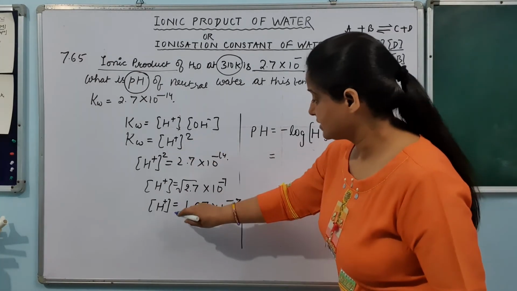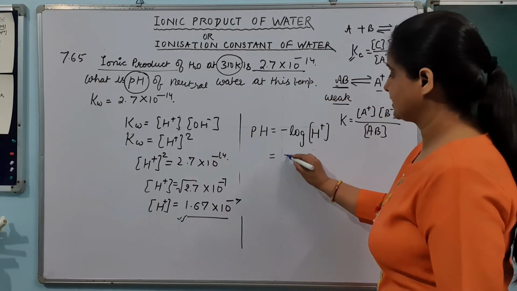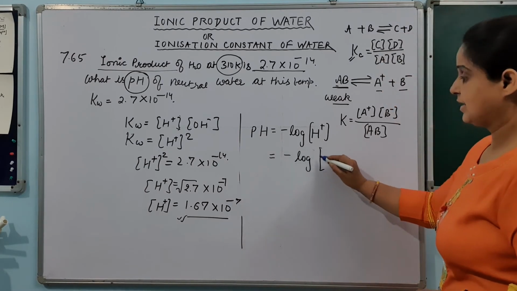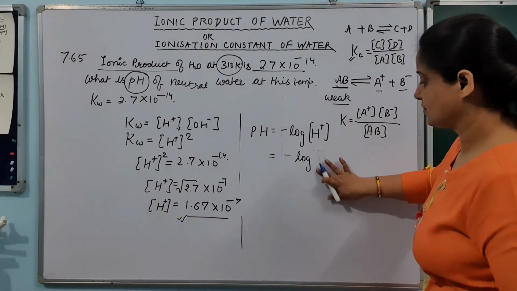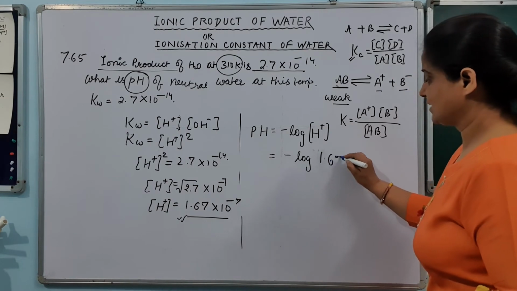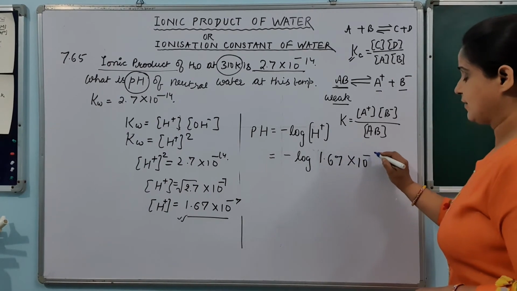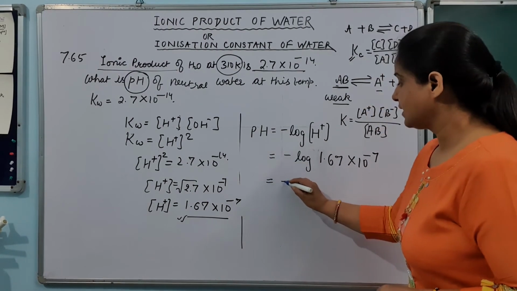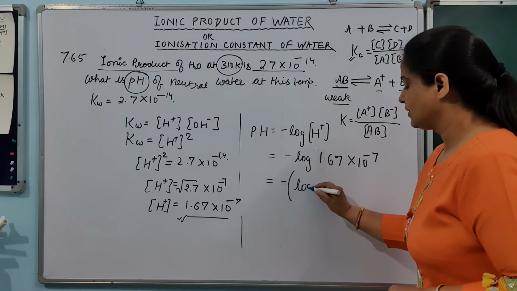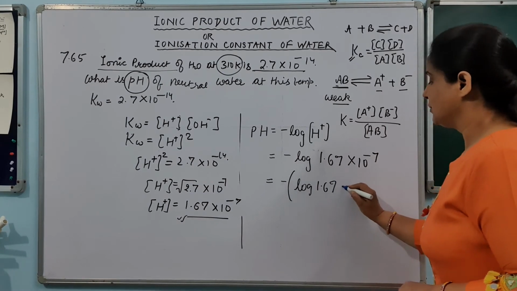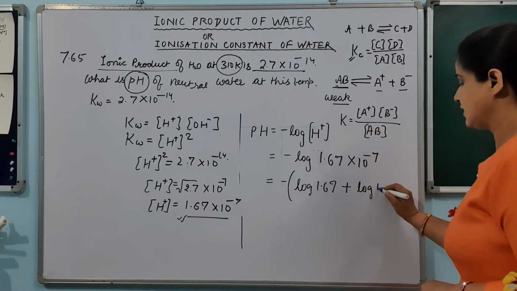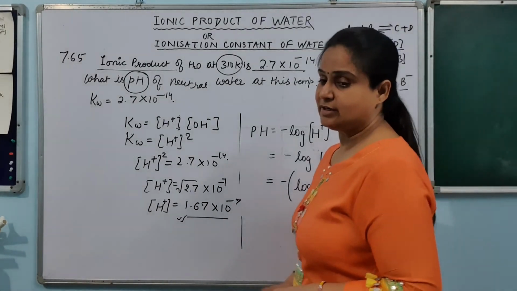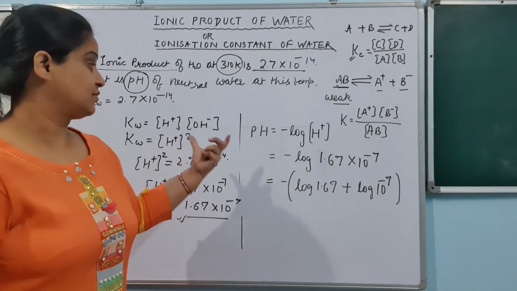H plus ion concentration means 1.67 into 10 raised to power minus 7. Break it up, apply log properties: minus log 1.67 plus log 10 raised to power minus 7, and whatever you calculate, you will get the pH of this water.